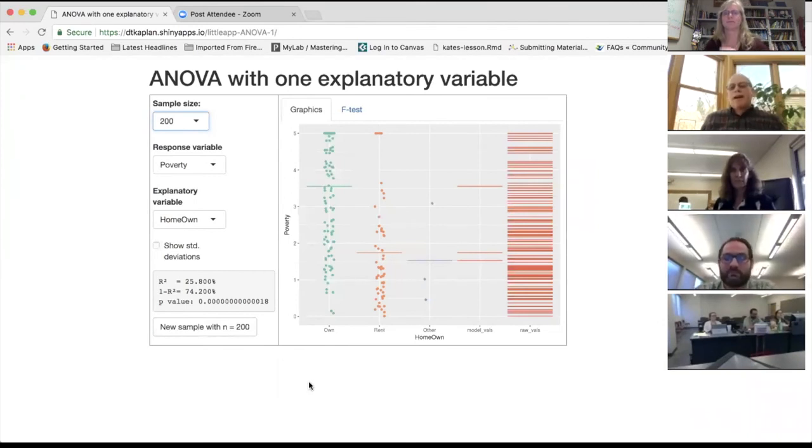To go back to your first question, though, here's another kind of exercise you could give students. You could say, find me a pair of variables here where for a sample size of 100, you really do see a significant relationship.